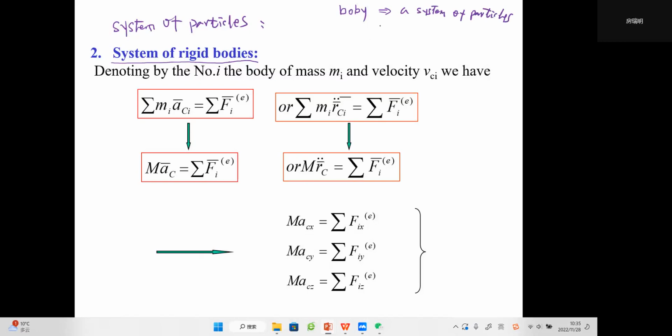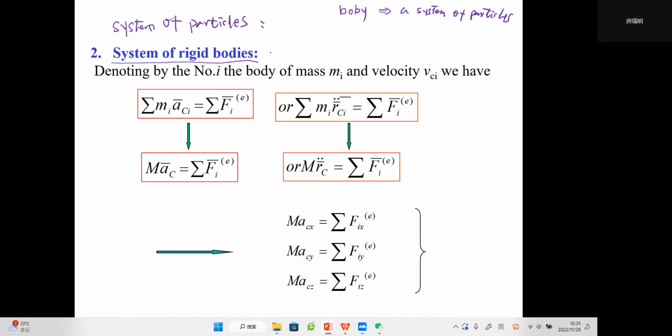So we can think of a body as being constituted by a lot of particles, because a rigid body, under the conception, never changes its shape. No matter how big the load acting on the body, it never has any deformation, right? So that means any two particles on this body will never change their distance.